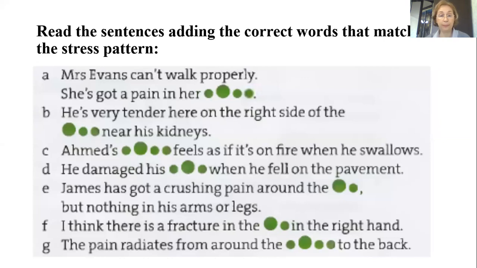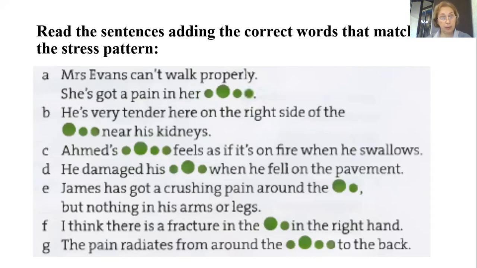Amar. So teacher, which line? Line B. Okay. It's very tender. Read it, please. He is very tender here on the right side of... near his kidney.